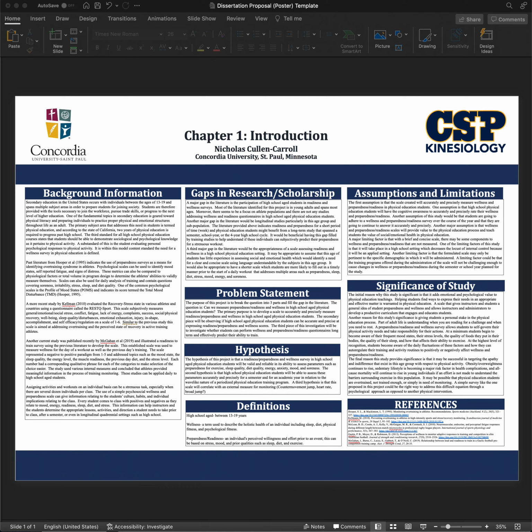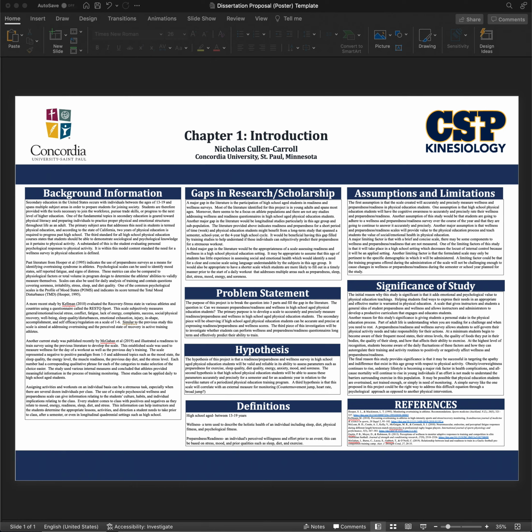So let's take a look at some of the assumptions and limitations that I have laid out for us. So the first assumption that I have is that the scale that I create will be accurate and it will precisely measure the wellness and preparedness of physical education students. Another assumption is that students will have the awareness or cognitive abilities to accurately and precisely rate their wellness and preparedness.